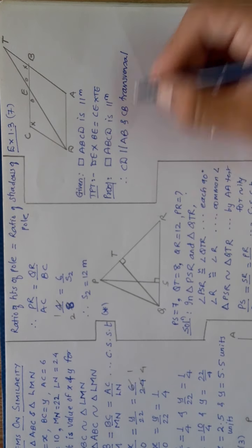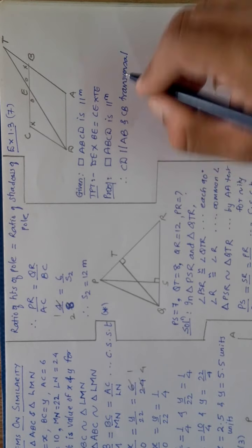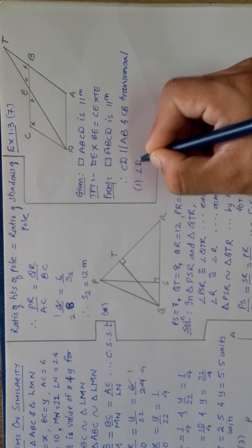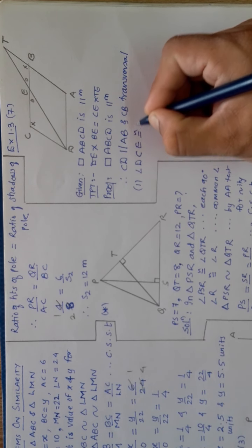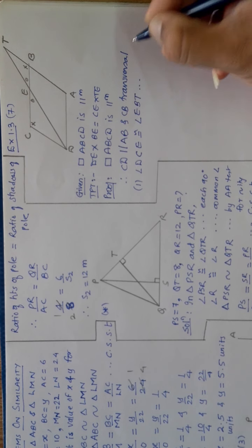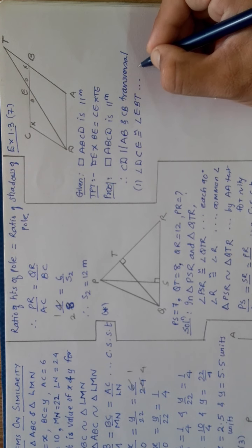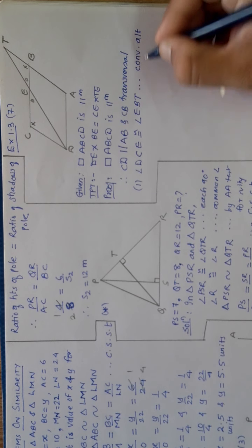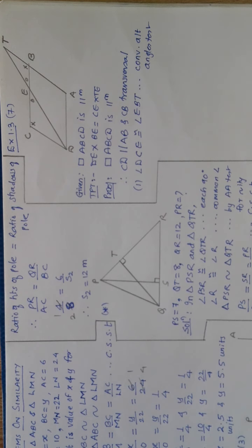So obviously there is no need to mention opposite sides of parallelogram and all that. It is understood that it's a parallelogram, the opposite sides are parallel. So you will get here angle DCE will be congruent to angle EBT. These are alternate angles, and when you get angles congruent, it is the converse of the alternate angles test, right?